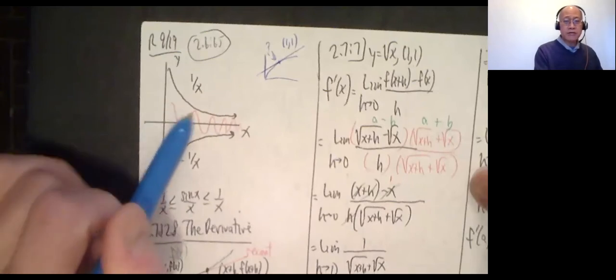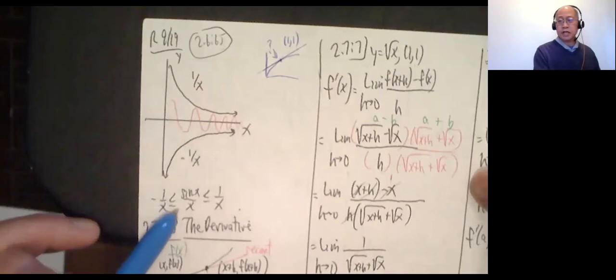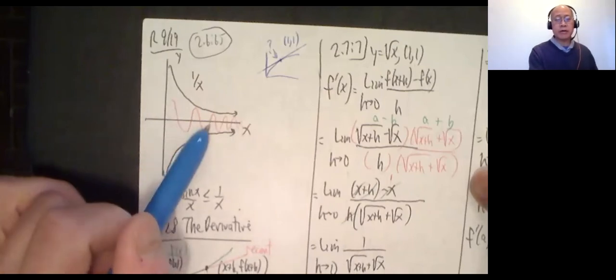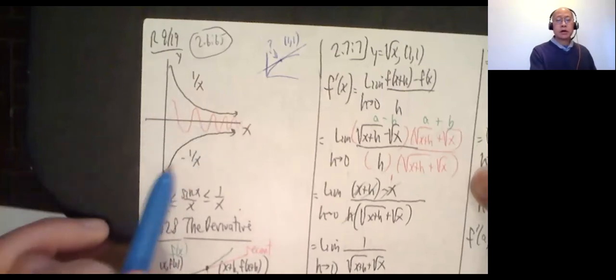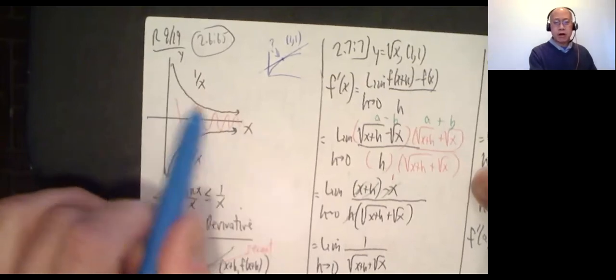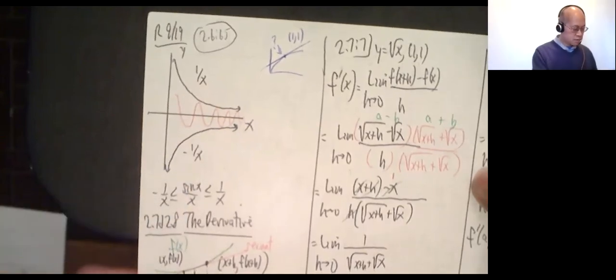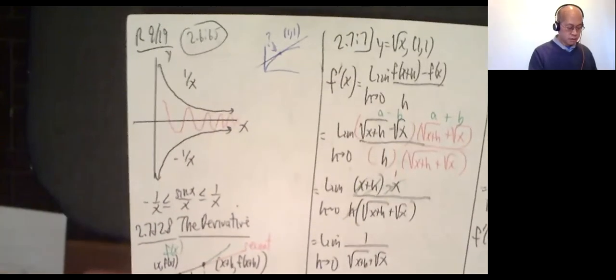It's going to bounce back and forth, but it stays between the two, right? It squiggles, because of the sine, it touches the x-axis quite a bit. Okay, so when x goes to infinity, the bottom graph approaches 0, the top graph approaches 0, so therefore sine x over x also has to approach 0.